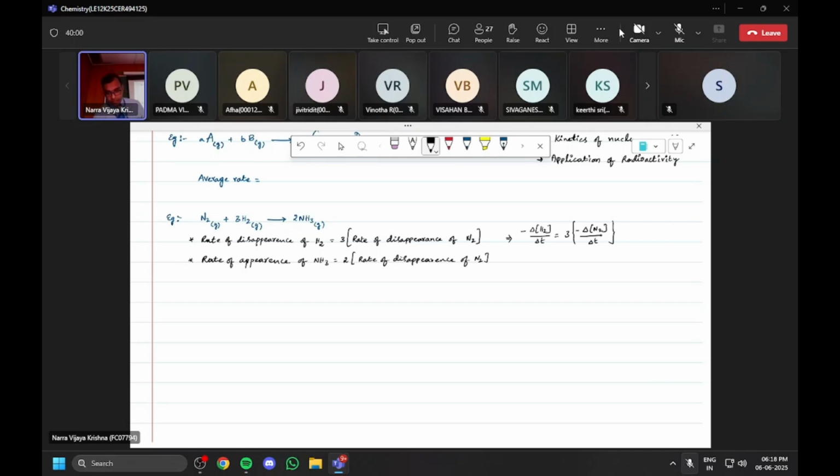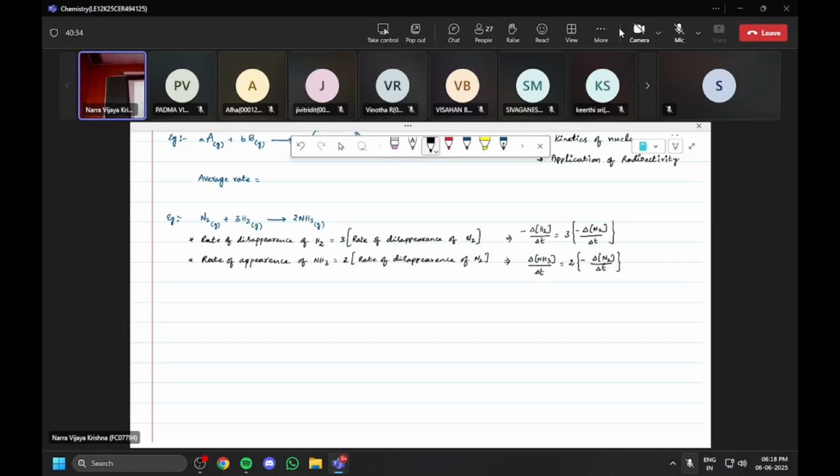Now, what about the second case? Tell me about the second case. NH3: whether I take negative or positive, because of appearance the concentration is increasing, so positive. Delta NH3 by delta T is equal to, what will you write? 2 times of minus delta N2 by delta T. Any questions? Right?